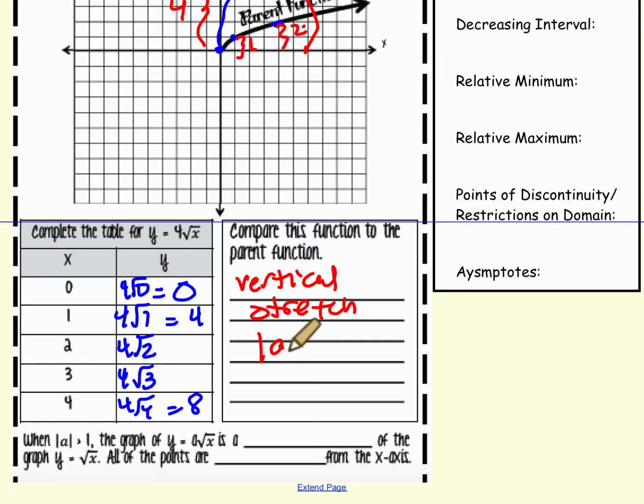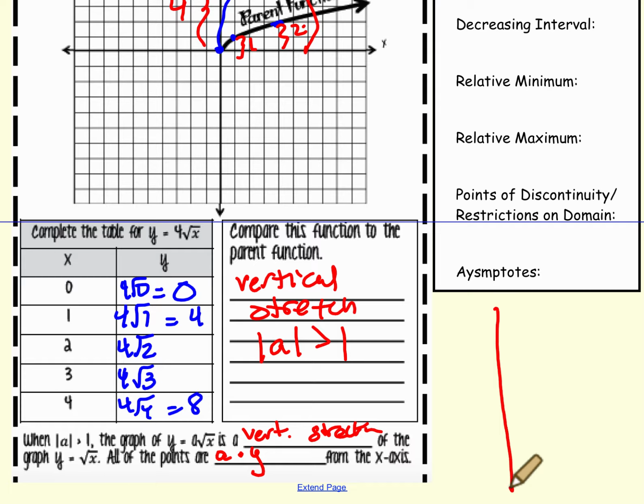And that happens when the absolute value of a is greater than 1. So when a is greater than 1, the graph is going to be a vertical stretch of the parent function. All of the points are going to be a times y compared to the parent function.